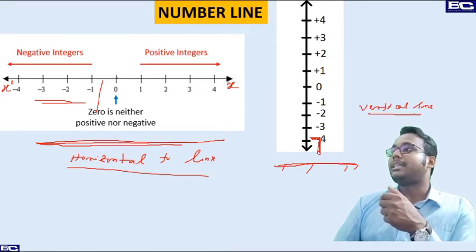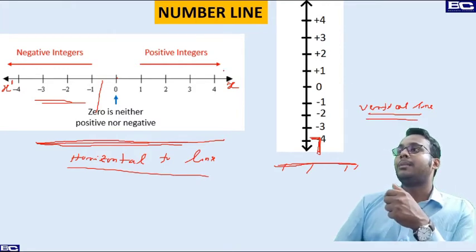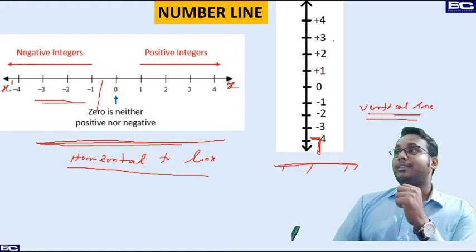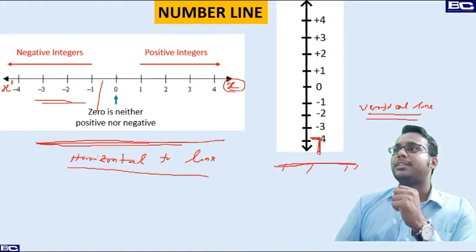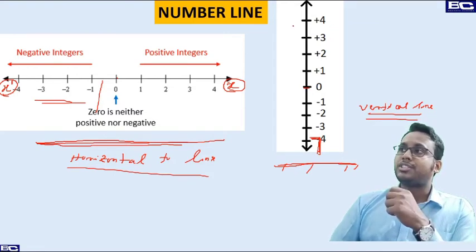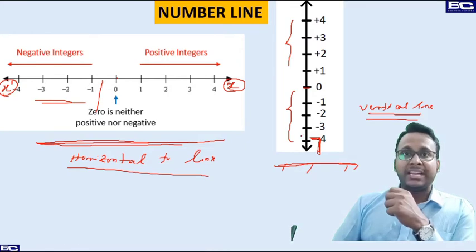So you know this is the vertical number line, and here it is the horizontal number line. I'm showing how to name it, as I have given the names x and x dash here. Zero is the middle one, the upper side of zero is all positive, and the lower side of zero is all negative numbers.